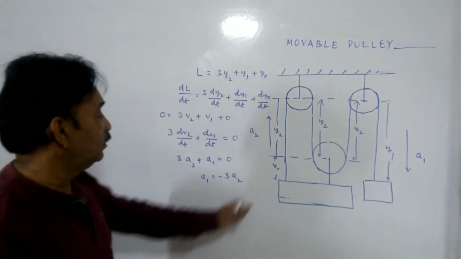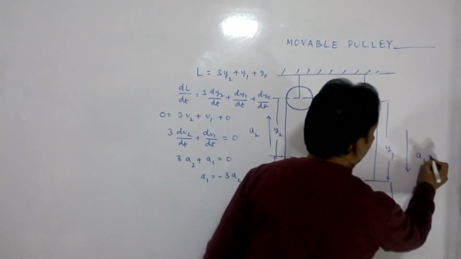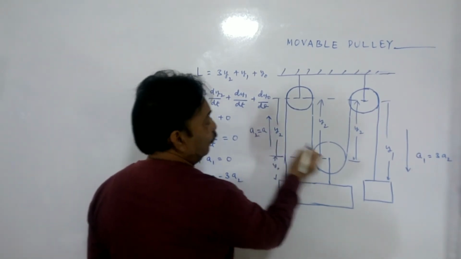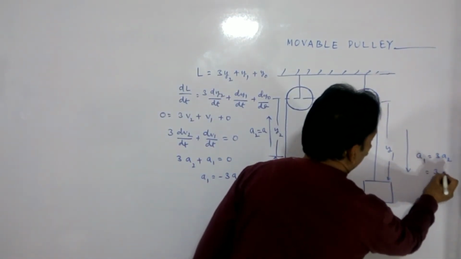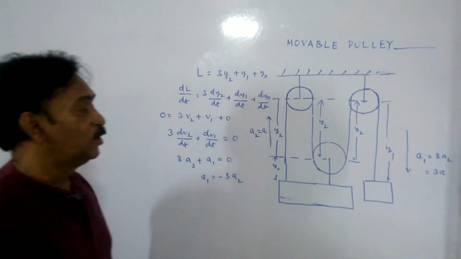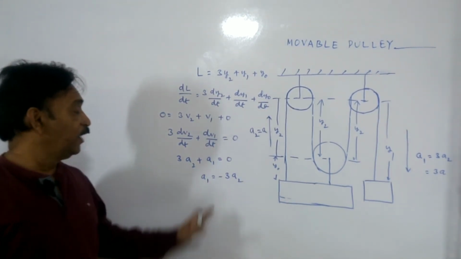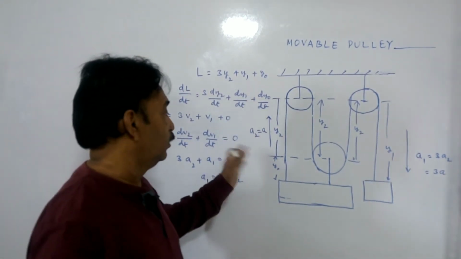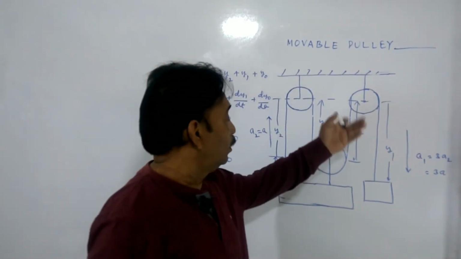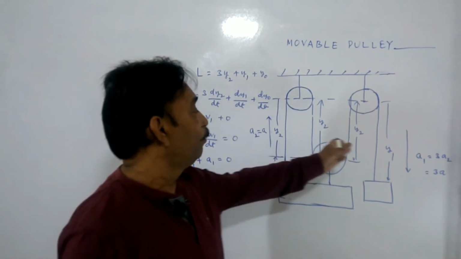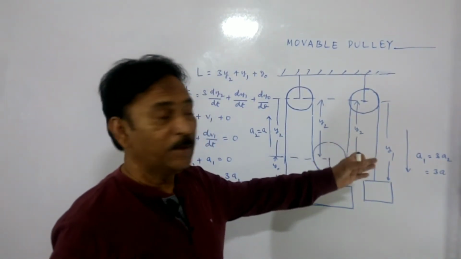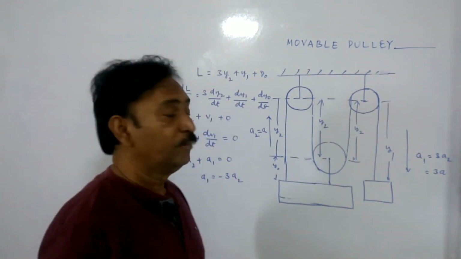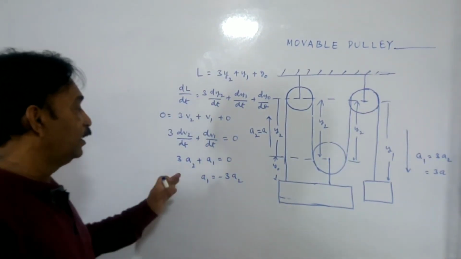Okay, students, say this: the acceleration is equal to 3 times this. Let's say it is a, and it is equal to 3a. Getting me, students? In this way, we can register the accelerations. If you start doing the problems, you can understand how the acceleration can be calculated by counting the number of strings which are attached. Okay, practicing makes you perfect in this.